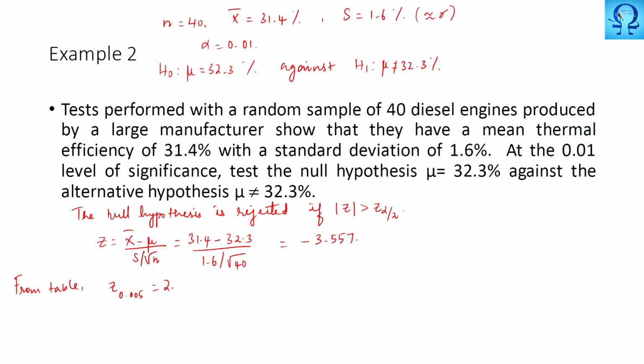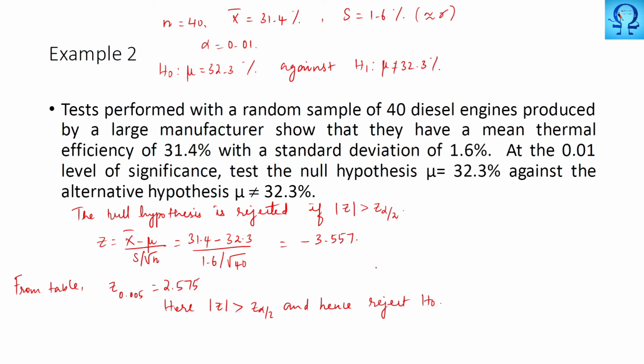Okay, 2.575. Here absolute of z is bigger than z alpha upon 2, and hence we can very well reject the null hypothesis.